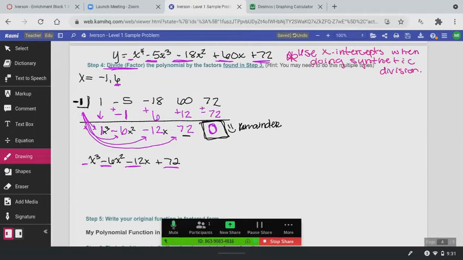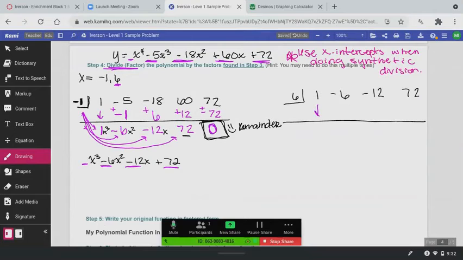So if I set this up using synthetic division, I would set it up as 6, and then I would put 1, -6, -12, and 72 right here. Draw my super duper line.